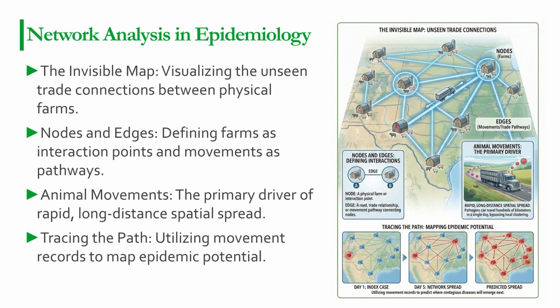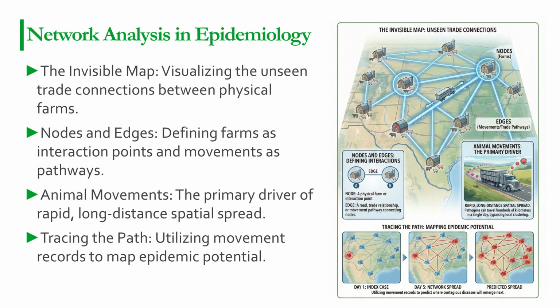These movements explain how disease can jump long distances and bypass local clustering. A pathogen may travel 300 kilometers in a single day on a livestock transport vehicle, creating a new cluster far from the first detected farm.